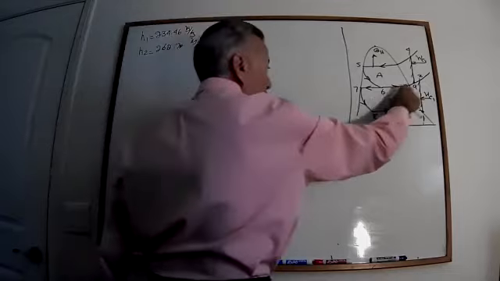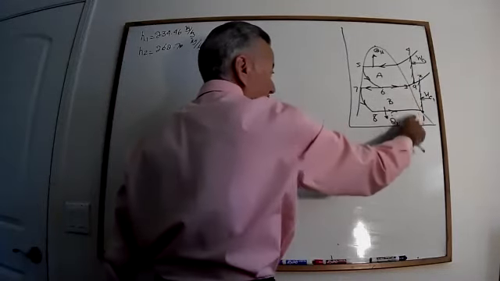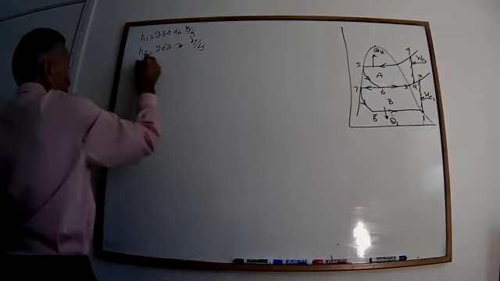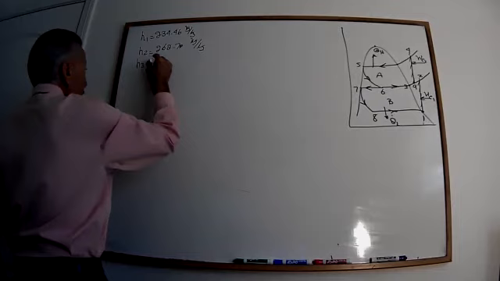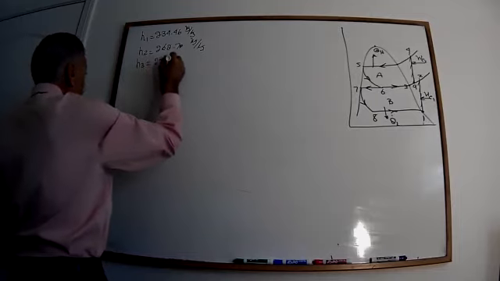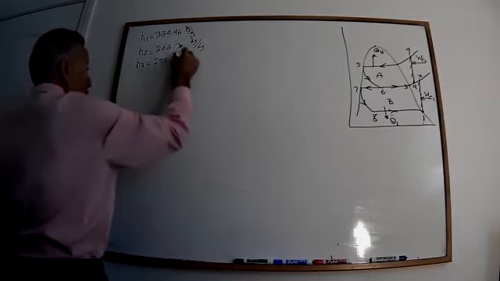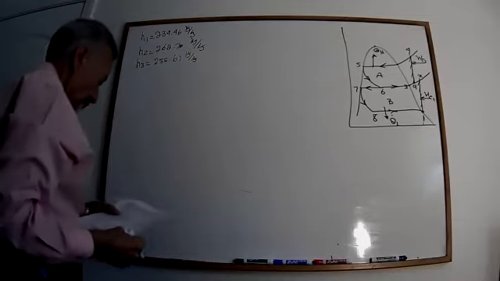Now, H3 has the same pressure as H2, but X3 is equal to 1, the same way as at point 1. So we can find the H3 value to be 255.61 kilojoule per kilogram.